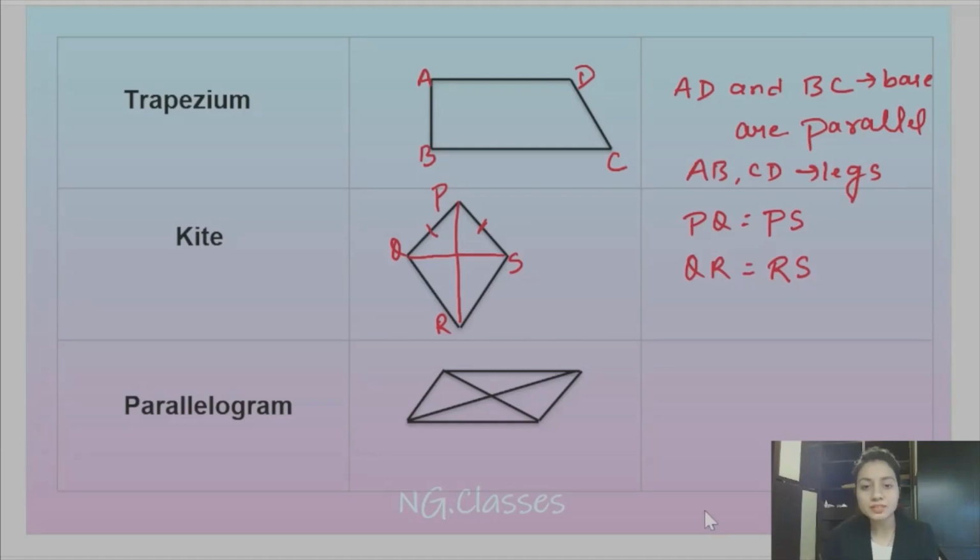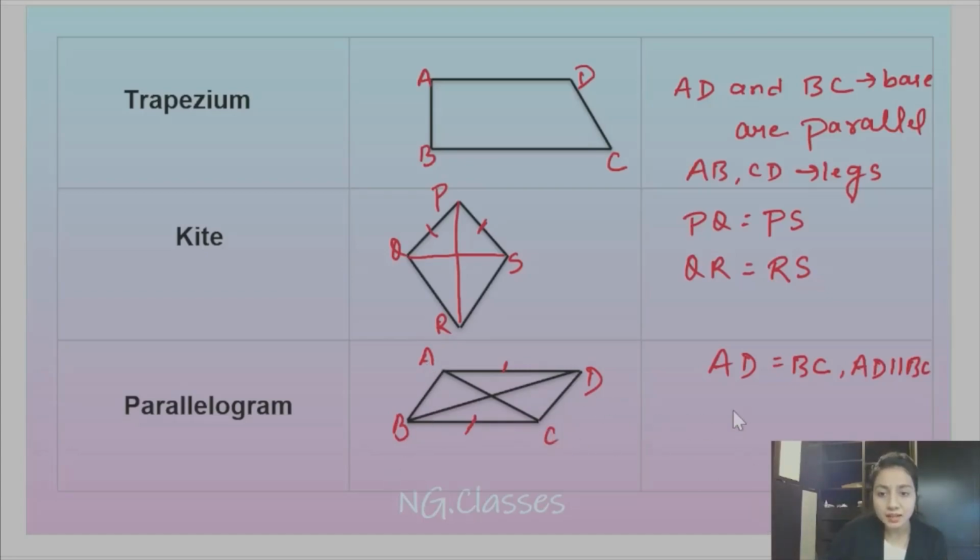Now another quadrilateral, that is the parallelogram. So we have parallelogram ABCD. Here AD will be parallel to BC, as well as equal in length. Similarly sides AB and CD are the same in length, as well as parallel.